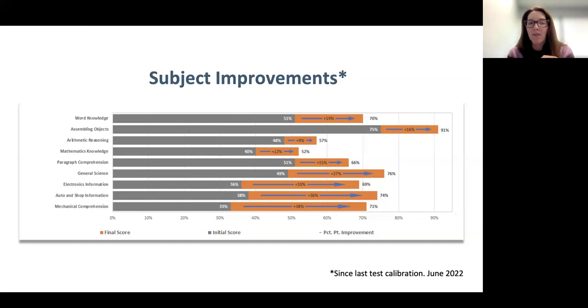If we have those that are outside the norm, we're going to expect one or two outliers here and there. But if we have a certain cohort that's outside the norm, we throw out that data when we're renorming to make sure that it's as close as possible.